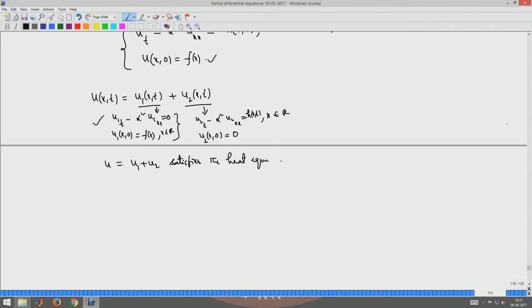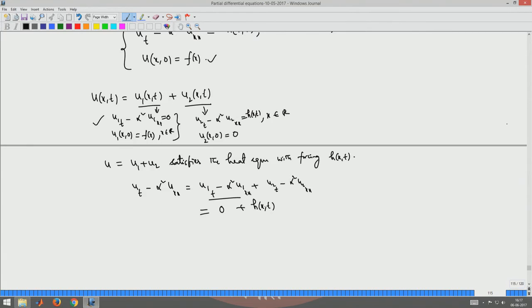The non-homogeneous heat equation, with forcing h of x t. What it means is, just calculate ut minus alpha square uxx, which is equal to u1 t minus alpha square u1 xx, plus u2 t minus alpha square u2 xx. So the first part is equal to 0 and this becomes h of x t.